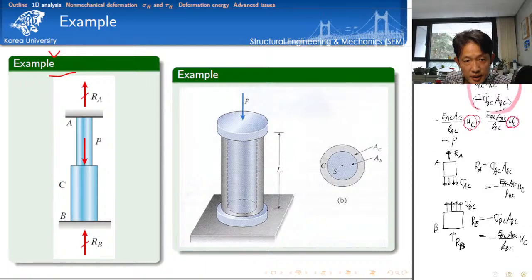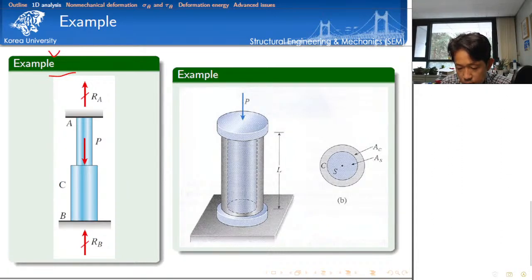Do you have any question here? So if you don't have a question, let's try to solve this problem in another way, okay? So now here, this is the so-called compliance method, in 우리말 유연도법, 유연도 방법. In English we call it compliance method.